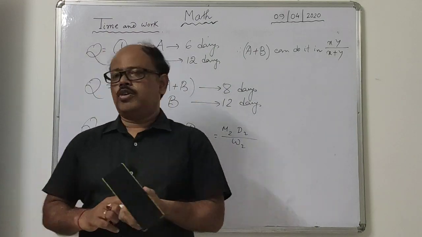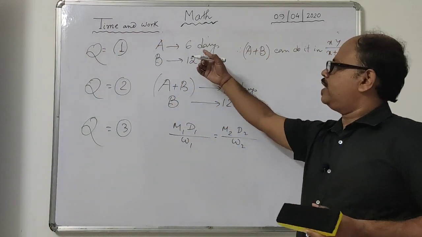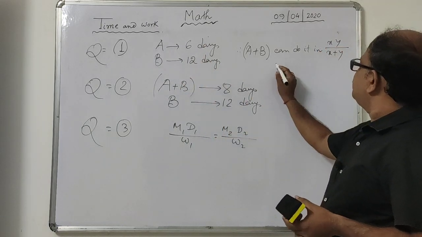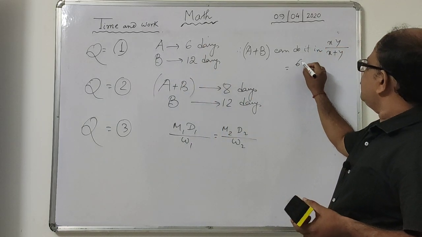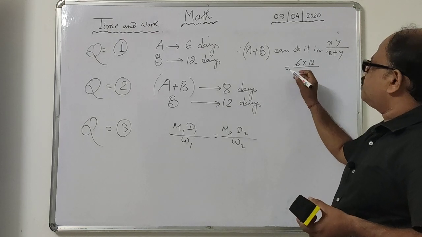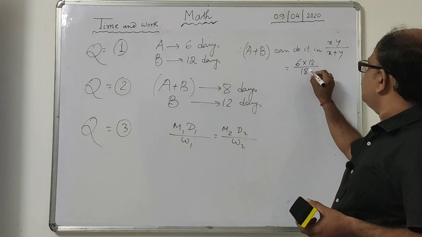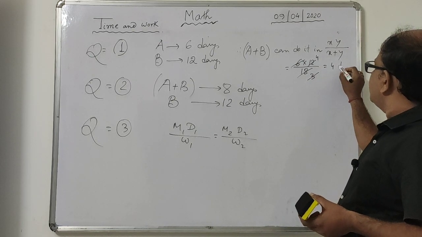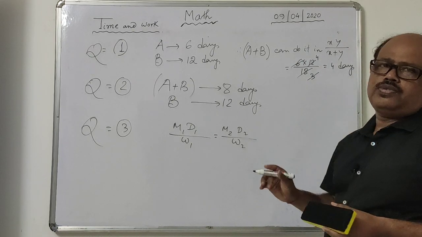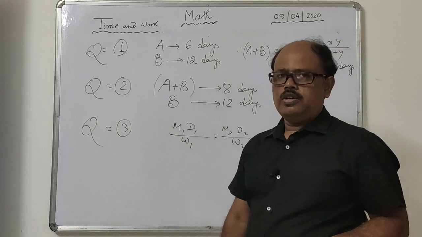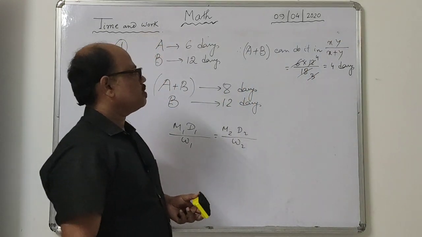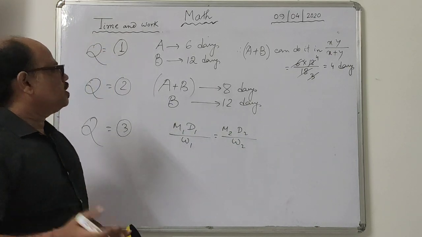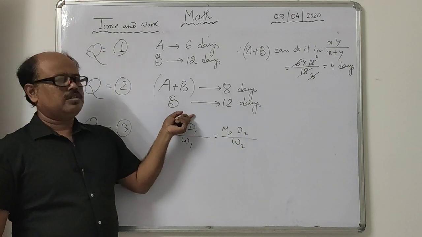Using this formula and putting x is 6 and y is 12, you get 6 into 12 by the sum, 18, and after cancelling, the answer is 4 days. Very simple question. That is the easy question.